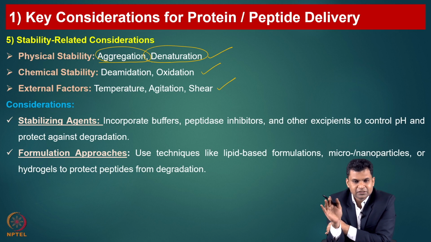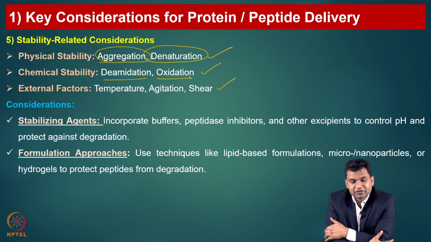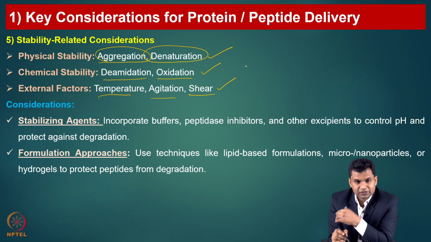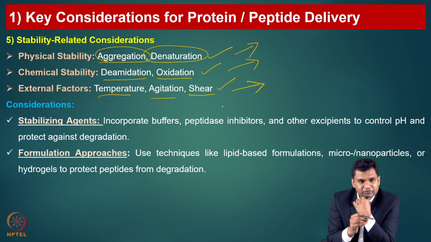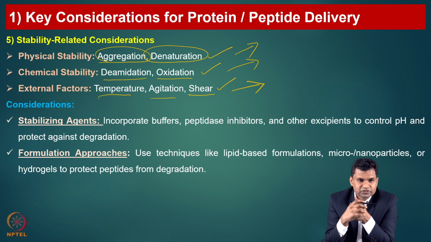It will completely lose its activity. Deamidation is one of the problems, and we have also seen oxidation in our previous lecture, and also external factors: temperature, agitation, shear during formulation. While using any chemicals, even the process factors will definitely degrade your molecule, which are considered instability conditions.